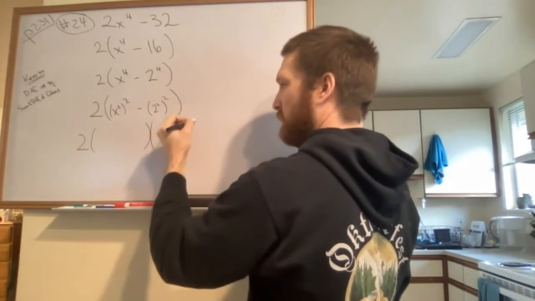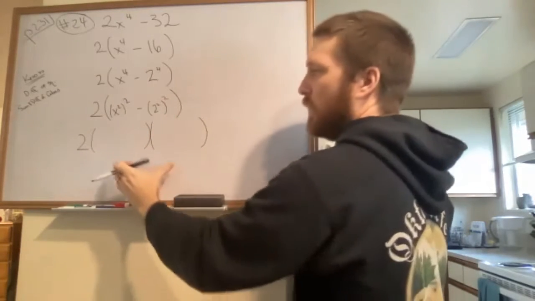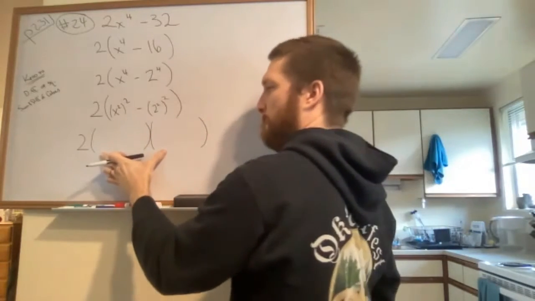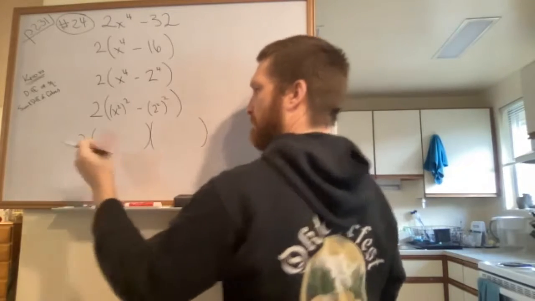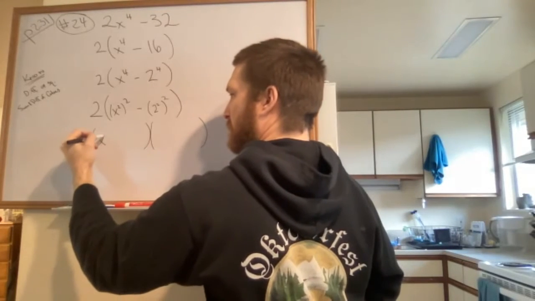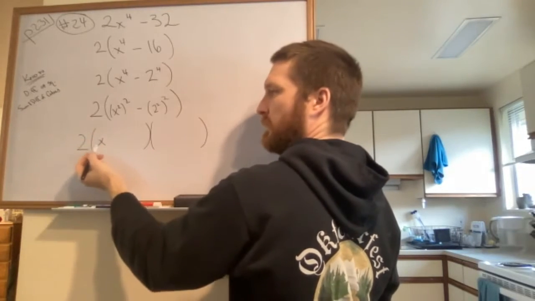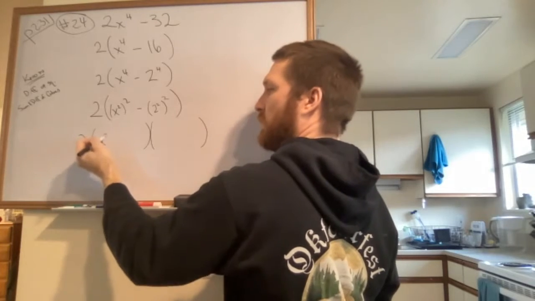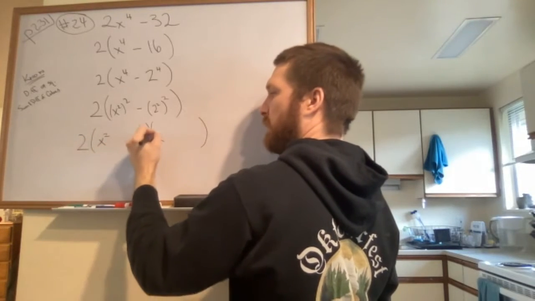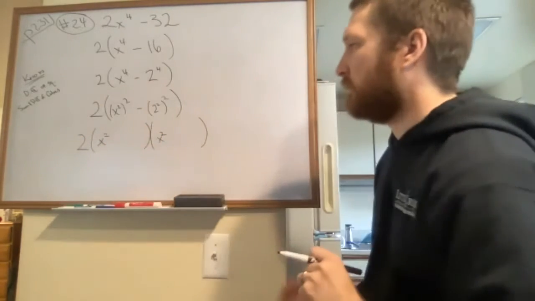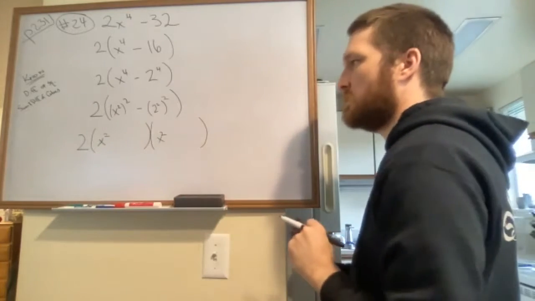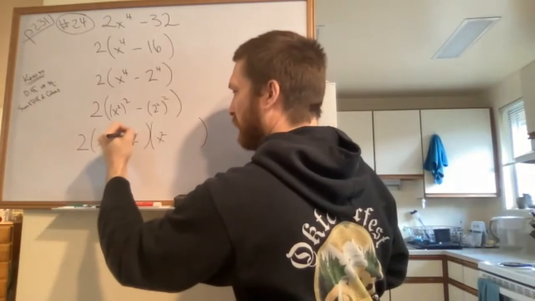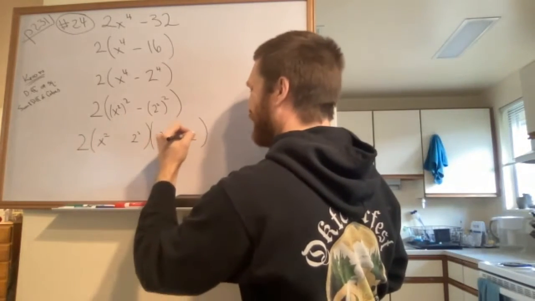I'm going to go ahead and jump to the chase. Okay. What goes in here? x goes there, and then what goes there? x squared. And over here, x squared, and then 2 squared. I like that. We could write it as 2 squared, or we could write it as 4 if we want.